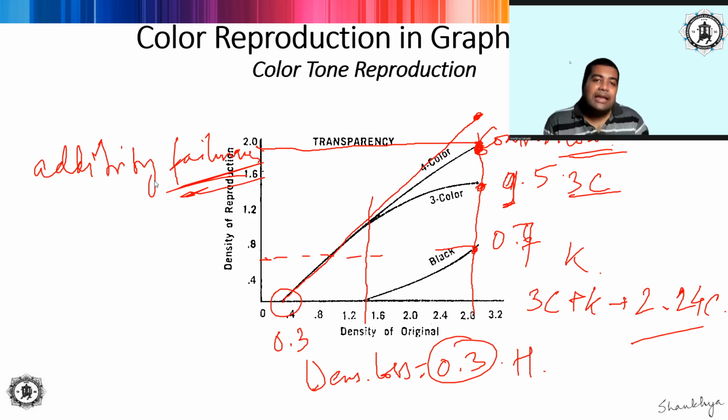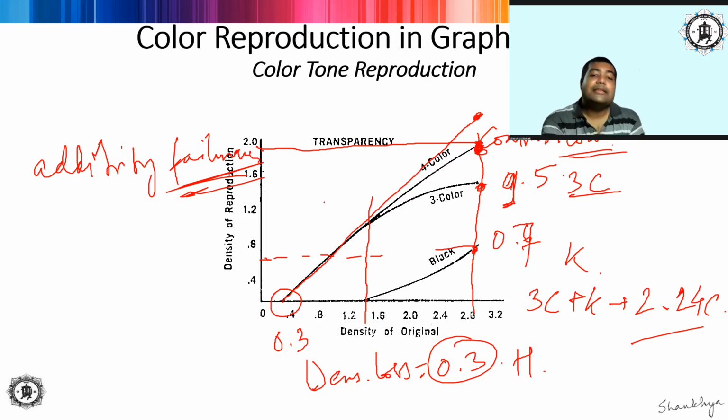Now let us analyze the individual curves over here and what effect it will have. As you can see, the overall nature of the four color tone response curve that we have obtained over here has low contrast, right? And you may ask, why is it getting reduced?